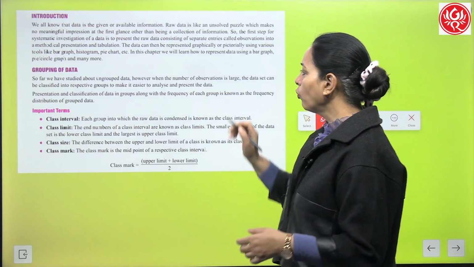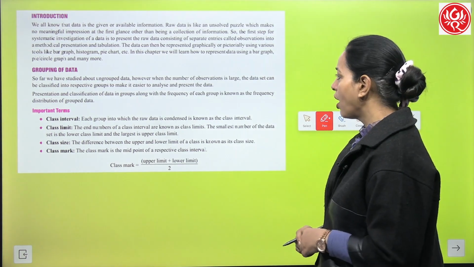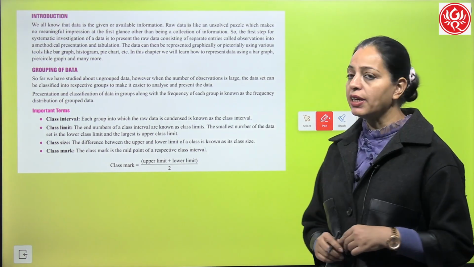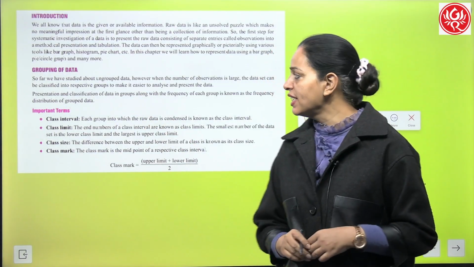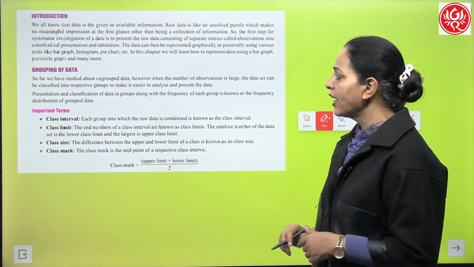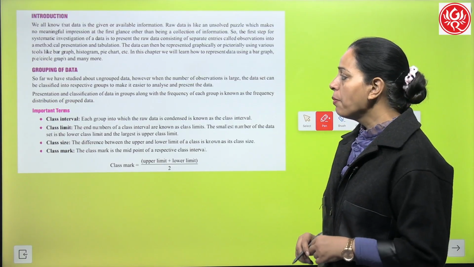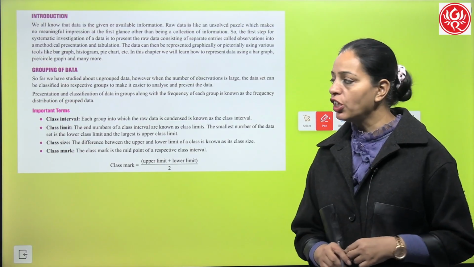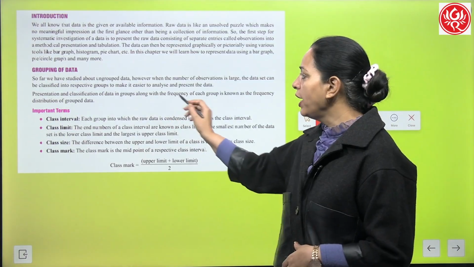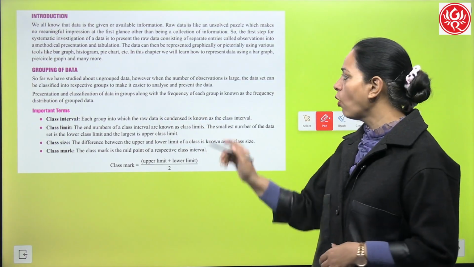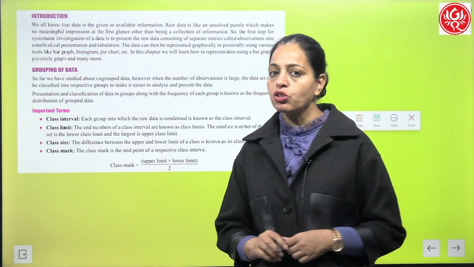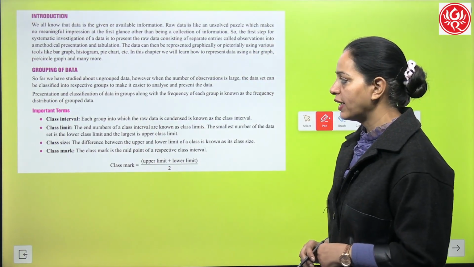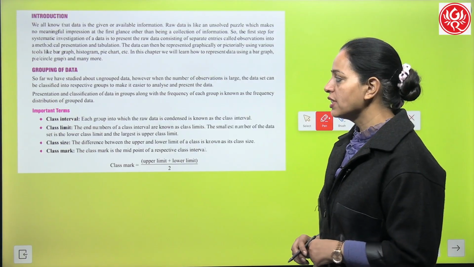However, when the number of observations is large, the data set can be classified into respective groups to make it easier to analyze and present the data. Presentation and classification of data in groups along with the frequency of each group is known as the frequency distribution of grouped data.